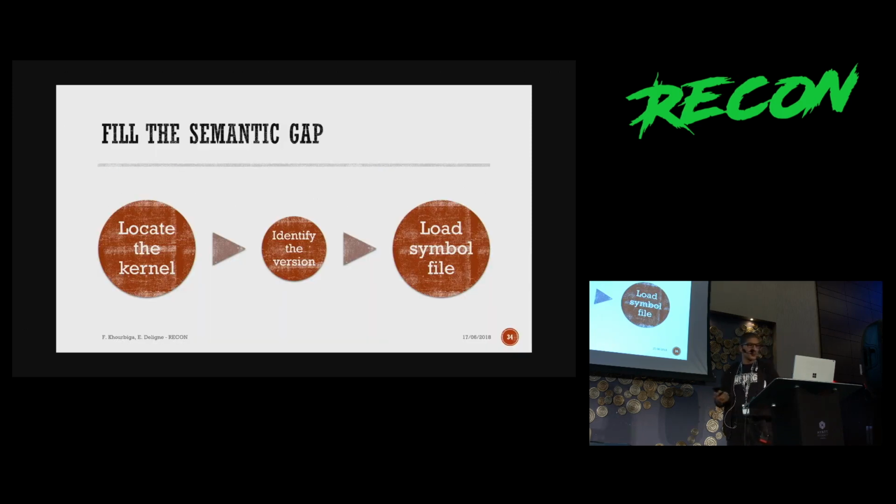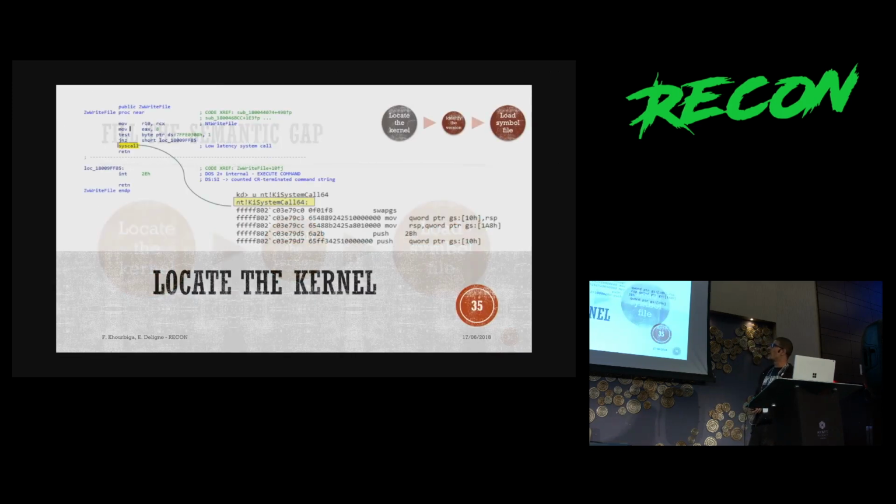So to fill the semantic gap, we have three first actions to perform: locate the kernel, identify its version, and load the corresponding PDB files. To find the kernel, we rely on the MSR LSTAR register, which contains a virtual address of a function called KiSystemCall64.